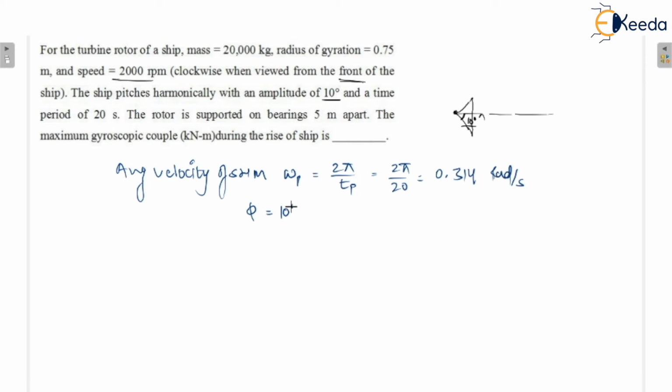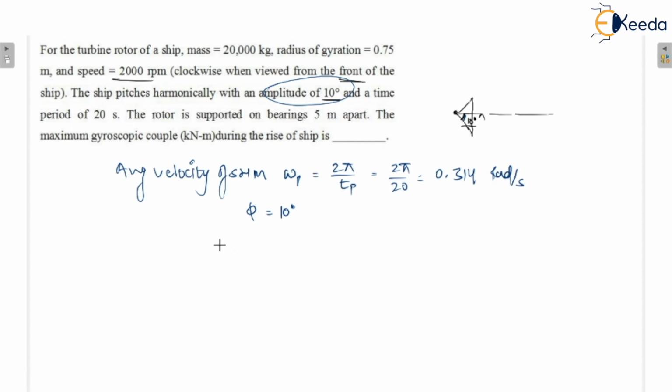See, the phi can be given in the question in a different way also. Sometimes they will give you the total angular displacement between two extreme positions of the pitching. In that case, there will be a 20 degree value. But here it is saying that the ship pitches harmonically with an amplitude of 10 degrees, so this is half of the total angular displacement.